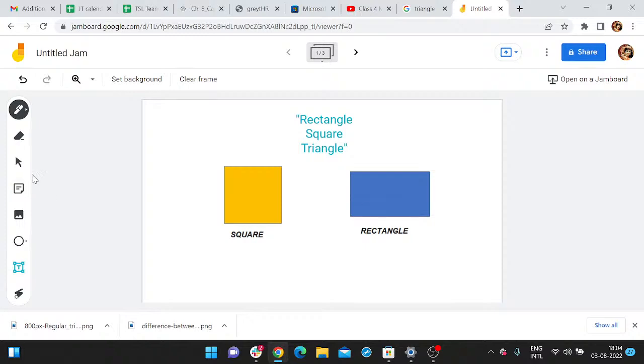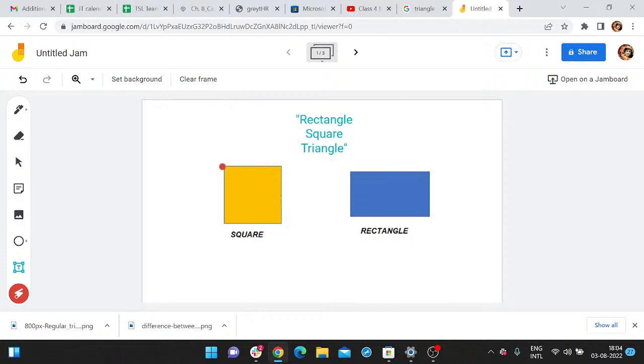So as you can see here, the yellow figure, this one is your square. So this is known as a square. So if you look at this figure completely, what can we see? That this figure has four sides. So can we see the four sides?